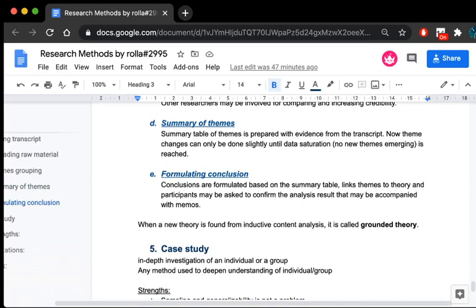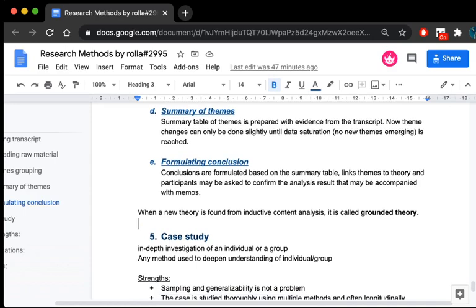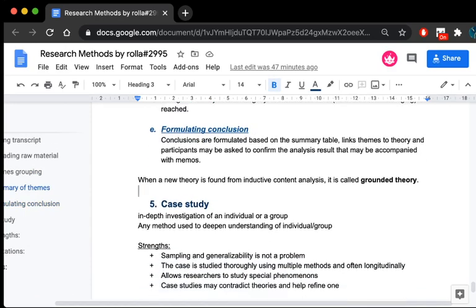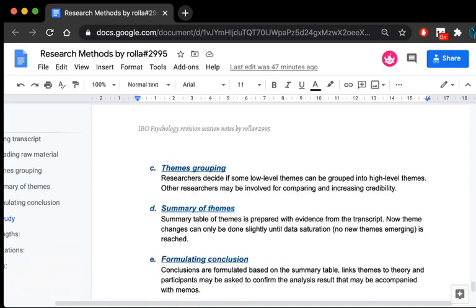When a new theory is created from this inductive content analysis, it's called grounded theory. Basically, forming a new theory that's grounded from inductive content analysis.